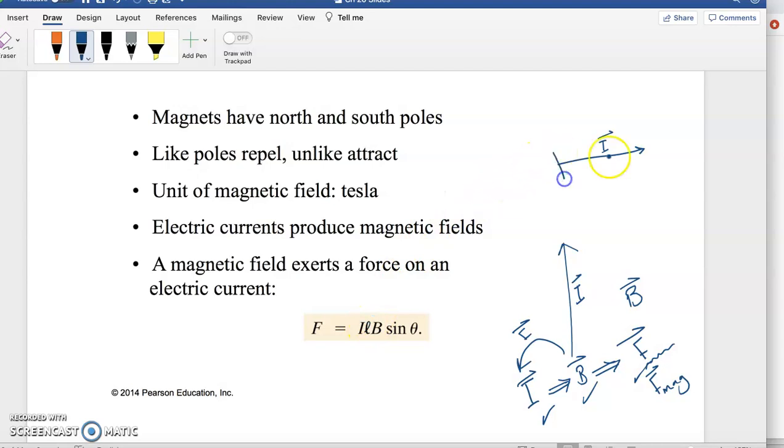Like if this is the length and the current is passing through this sector, so this is the length of that wire, times sine of the angle between I and B. All right, this is one very important relation in chapter 20. So it's I L B sine theta.